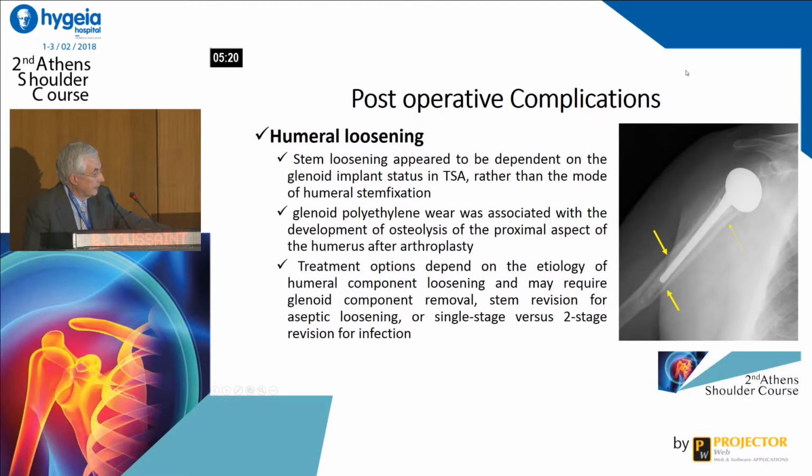Glenoid polyethylene wear was associated with the development of osteolysis of the proximal humerus after arthroplasty. It was a big problem for the stemless prosthesis because you have a very short fixation of the prosthesis, and if you have polyethylene wear, you have a problem very quickly with the humeral component. With the stem, it's longer to appear, but it's very important to check it.